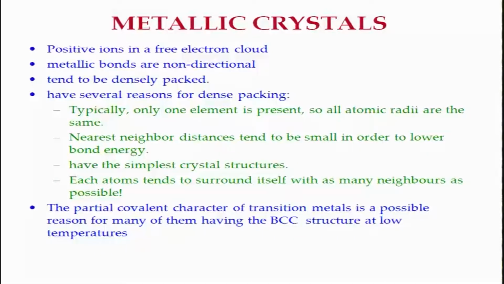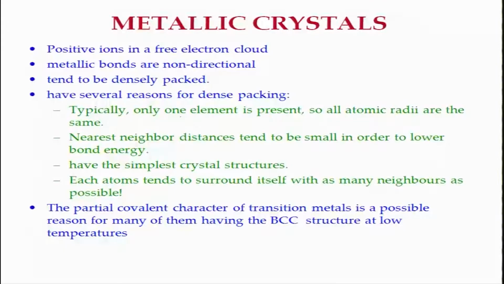Metallic crystals tend to be densely packed, and there are several reasons for dense packing. One, typically only one element is present, as a result all the atoms have the same radius. If you have multiple radii present, then there may be confusion about which one to choose as a neighbor, and as a result there may be lack of order.